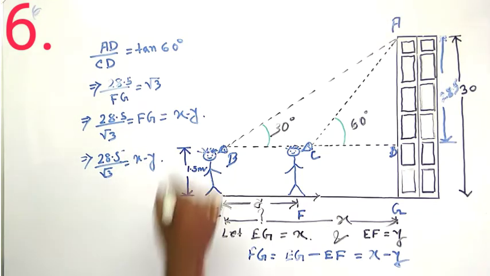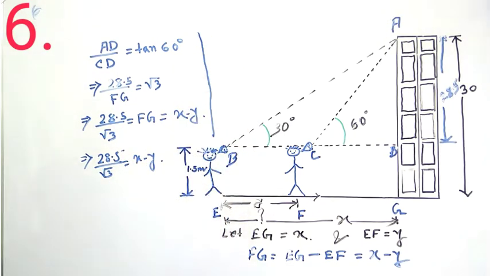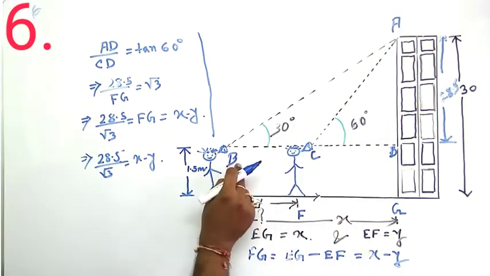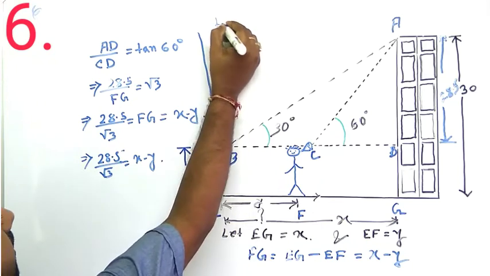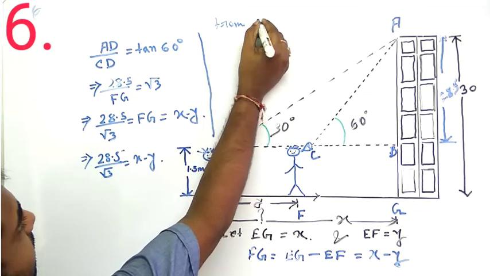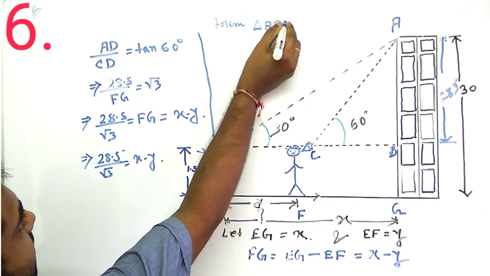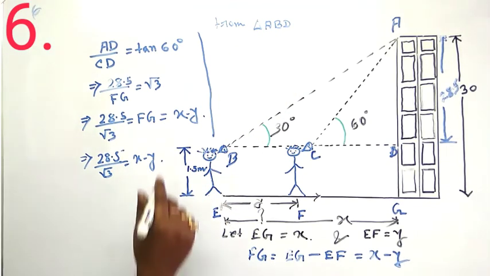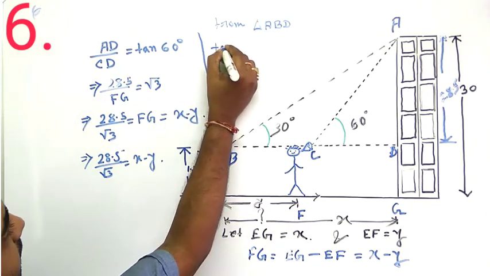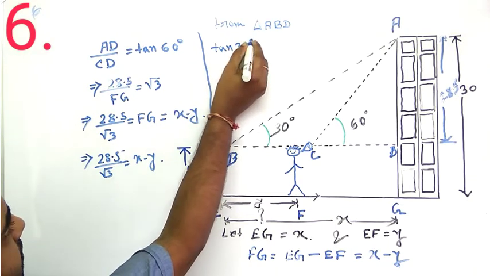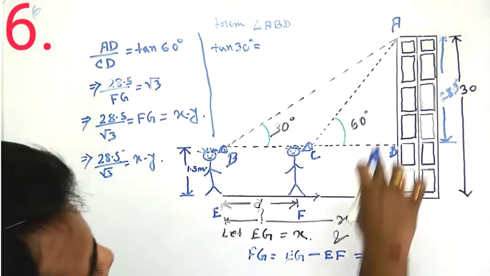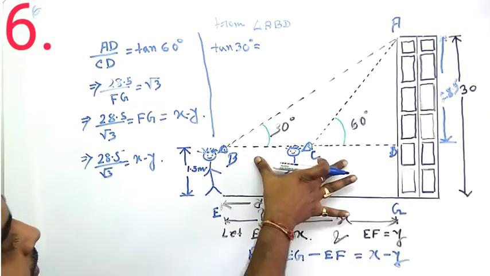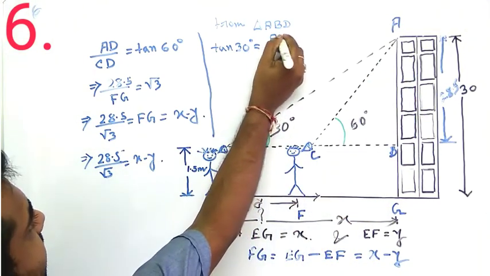Now do the next part, from triangle ABD. What do we have from ABD? tan 30 degrees equals AD by BD.